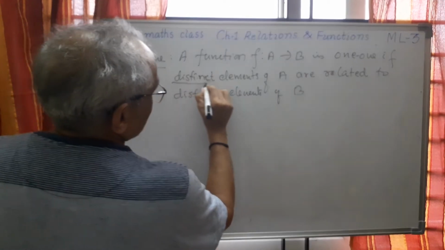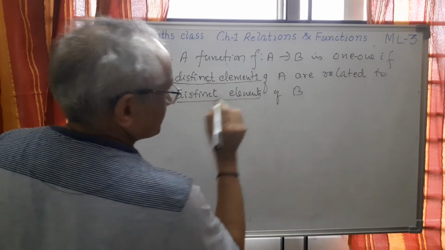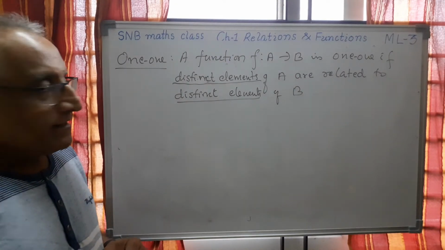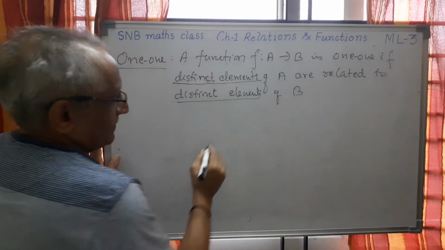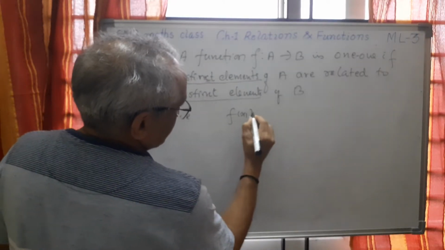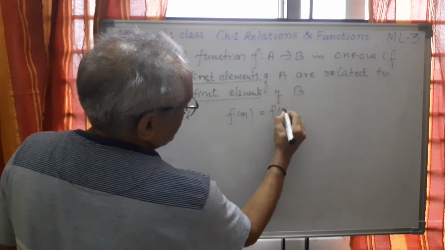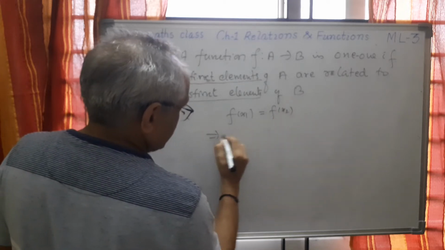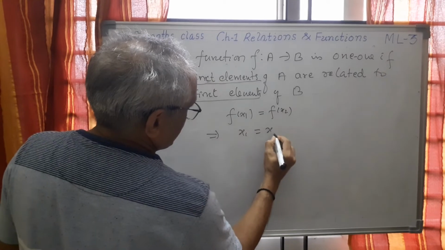These 2 important terms you have to remember. This we can write like this, that is, f of x1 equal to f of x2 implies x1 equal to x2.